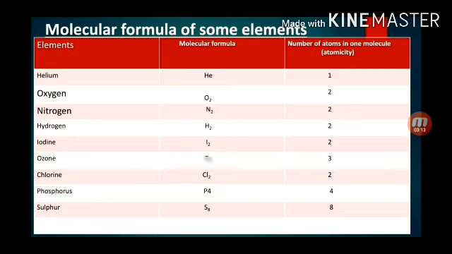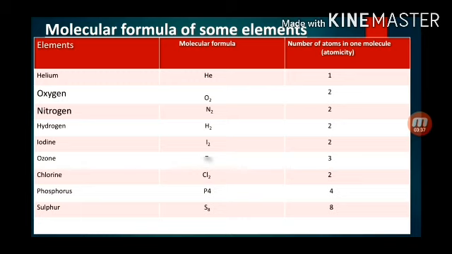They do not combine, they do not form any molecule. Like helium, only one atom is there, so its atomicity is 1. In the case of oxygen, O2, atomicity is 2, nitrogen N2, hydrogen H2, atomicity is 2.